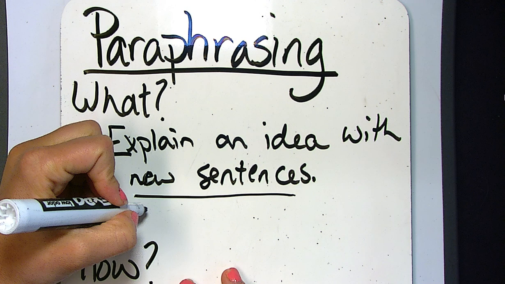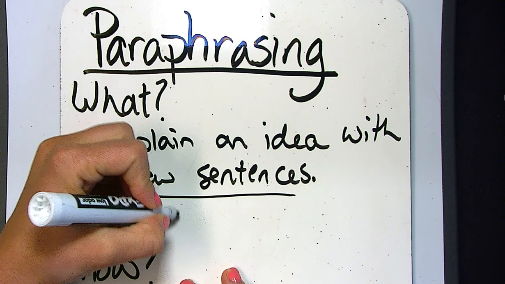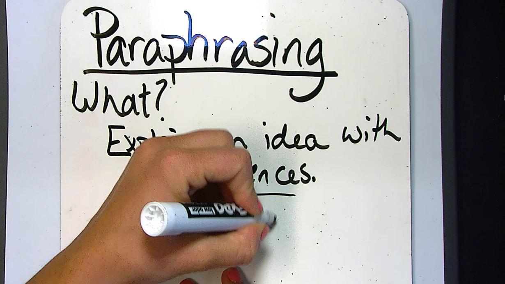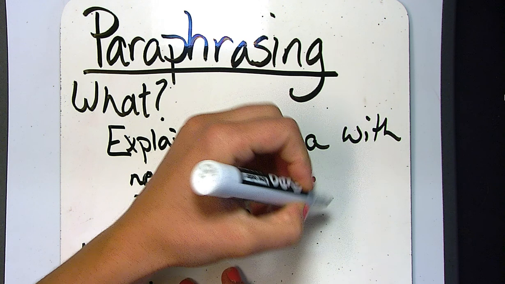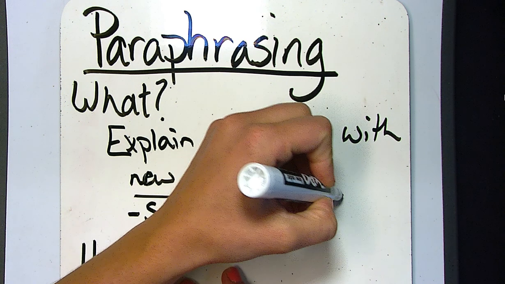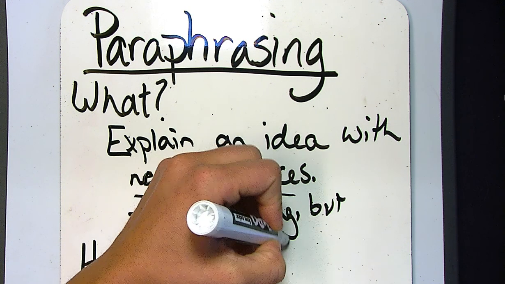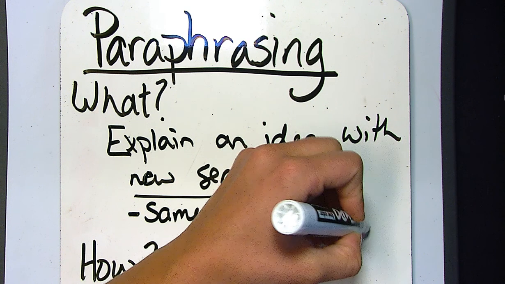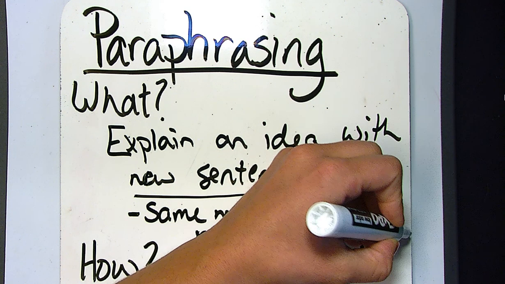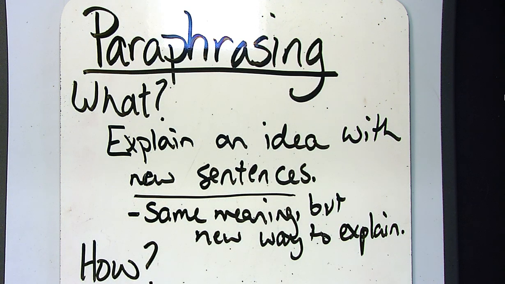So I always say same meaning, but new sentences or new way to explain. So it's the same meaning. You want to explain the idea. You don't want to change the idea.